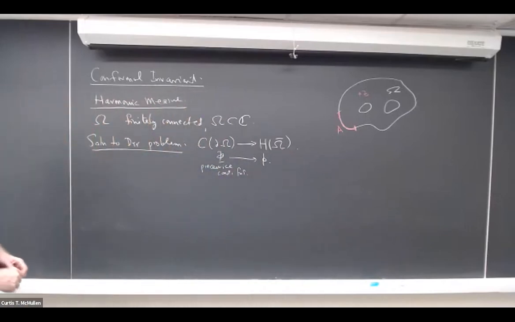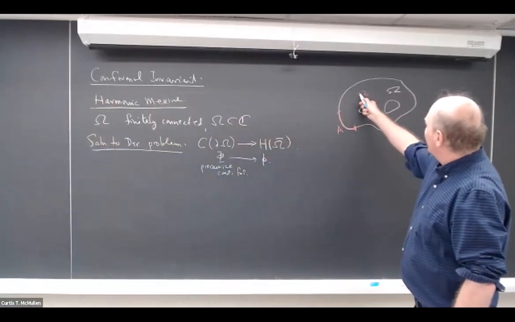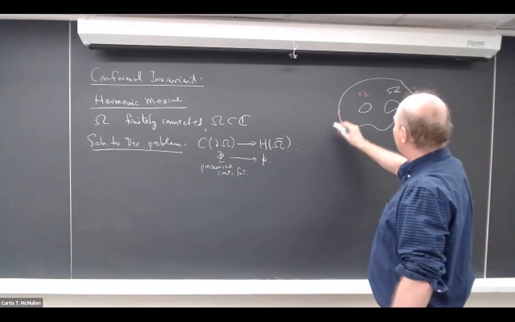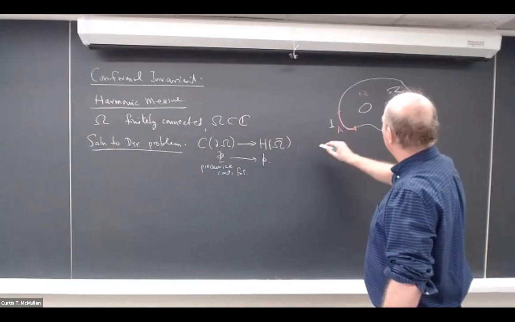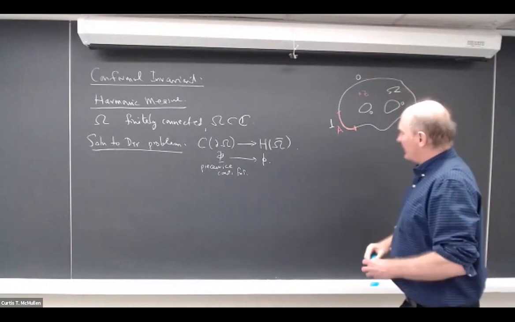And so what we do to determine the influence of A on the point Z is we create a harmonic function with boundary values which are 1 on A, and which are 0 everywhere else on the boundary of omega.